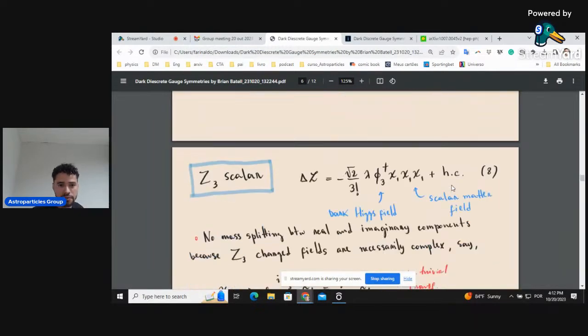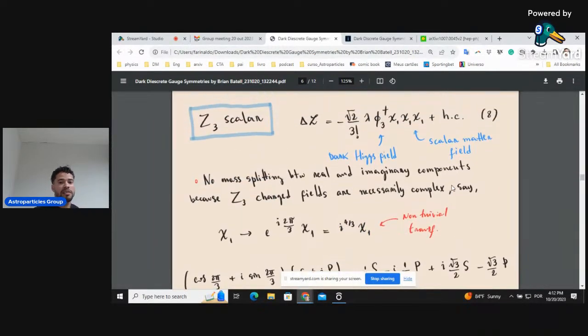That's okay. But instead of a Z2 symmetry, we could also have a Z3 symmetry. Usually, this kind of symmetry doesn't apply to fermions. In the literature, we usually find it just for scalars, because it will prevent some terms in the potential, for example, and then it will stabilize a dark matter candidate.